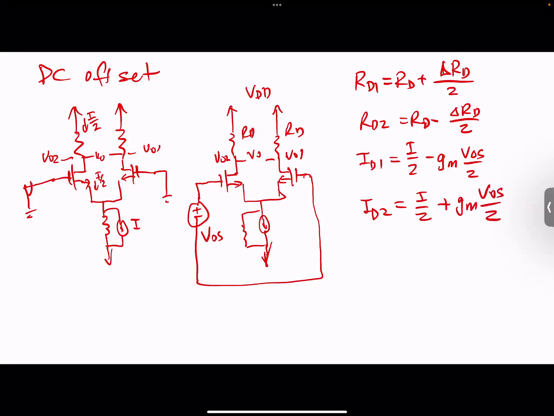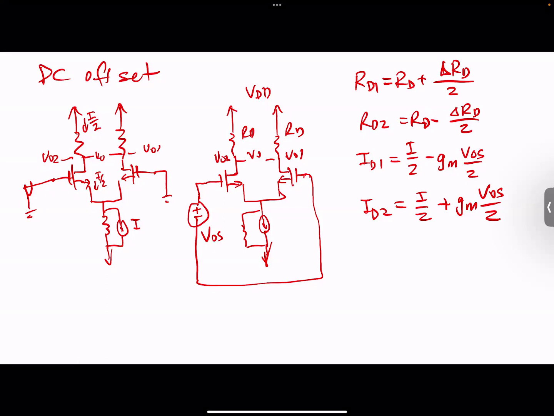So we have ID1 and ID2, which are going to be different because VOS is half on this side, half on this side. But they're both DC voltages. That's why we call it DC offset.